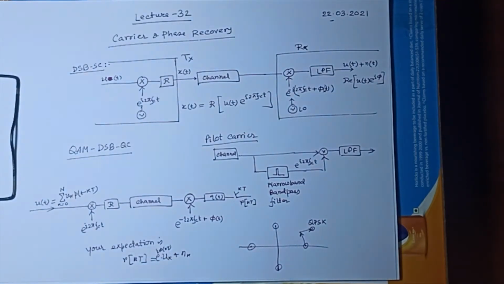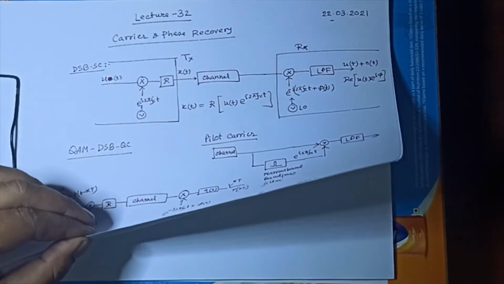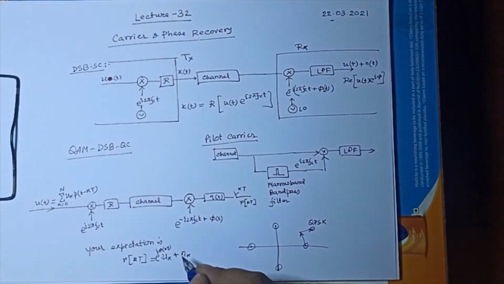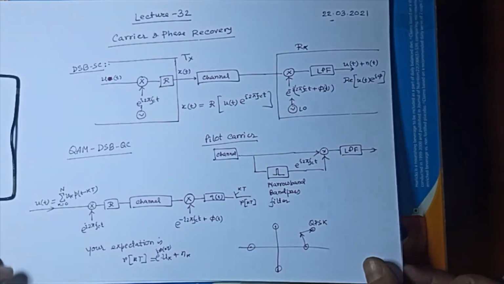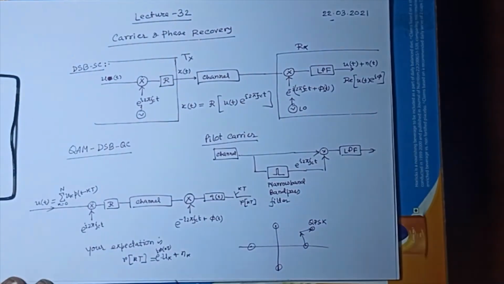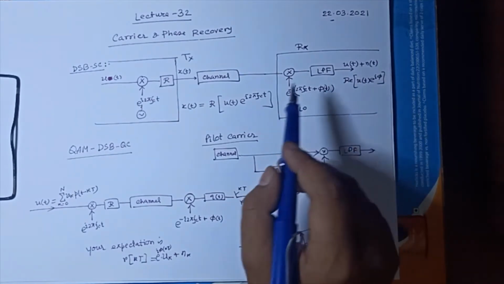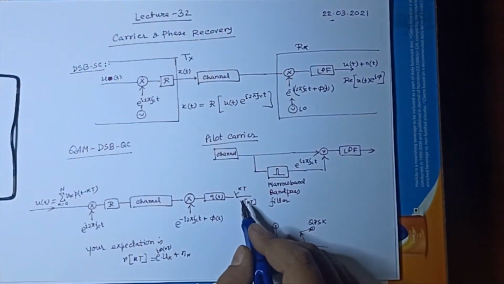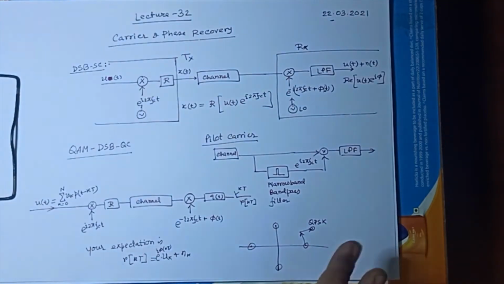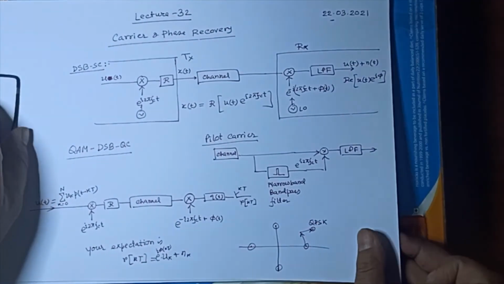If you have not a pilot carrier but some pilot symbols, known symbols used for synchronization, I will take help of the characteristics of the noise and apply the law of large numbers to get the error in phase. And if you can get the phase, if the frequency is correct, then getting the sampling time is not a problem. We will talk about that in the next part when we discuss the phase locked loop.